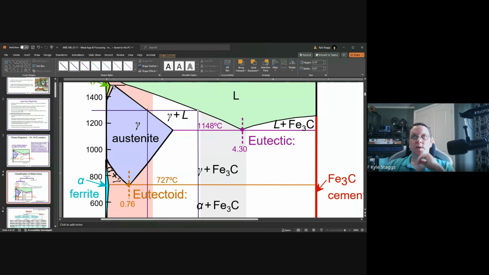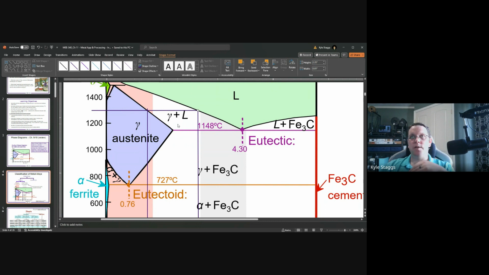This phase envelope, meaning whatever is enclosed by this region, right? Above the eutectic, you have some liquid, period, always. So just saying the composition over here is alpha and carbide or something, you're completely in the wrong region. You're in the wrong phase envelope. Very, very far from correct.